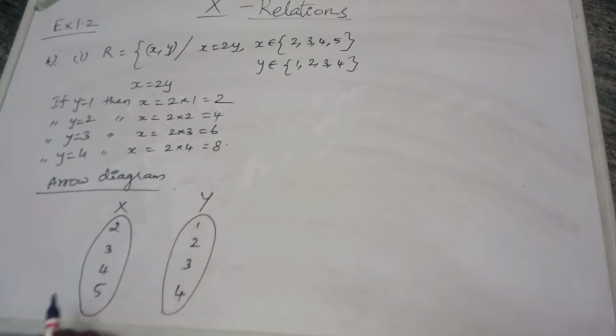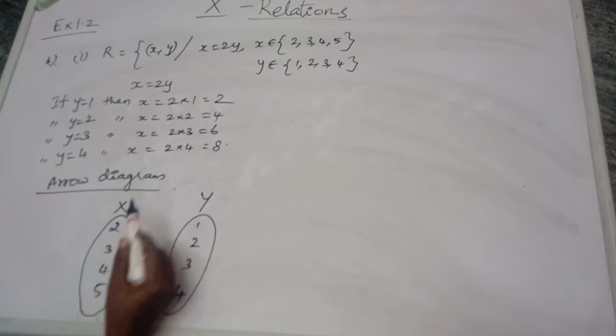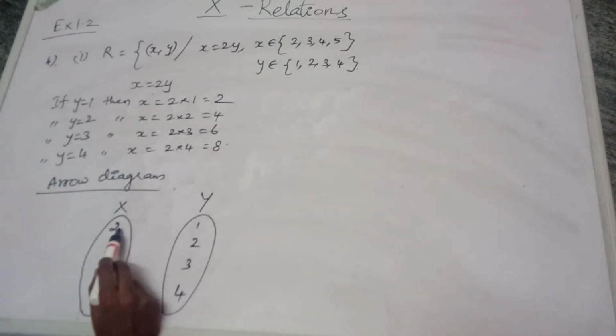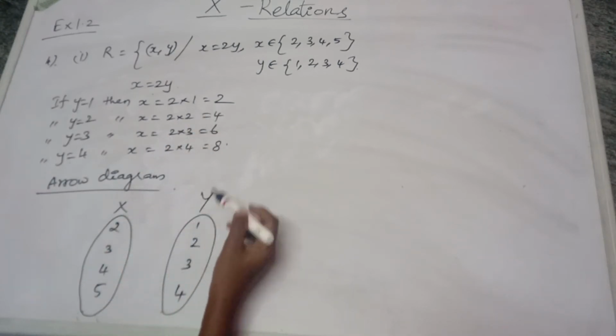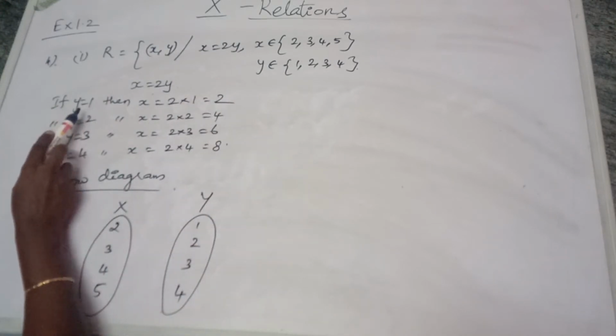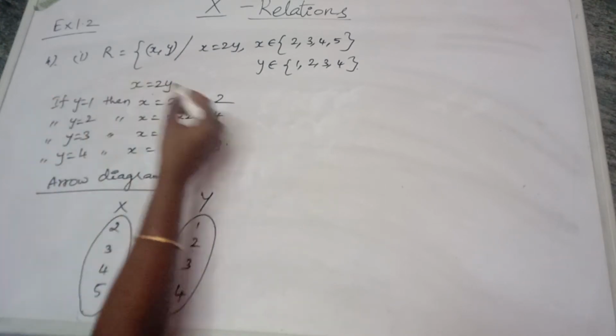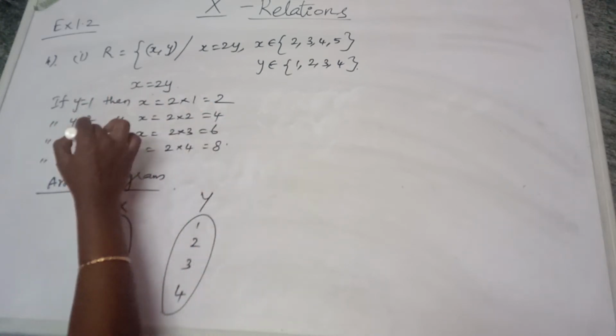Okay, then arrow diagram means here we have to put arrows. In the first set, 2 is related to which element from the second set. See here, if x is 2, then y is 1. So 2 is related to 1 and 4 is related to 2, 6 is related to 3 and 8 is related to 4.